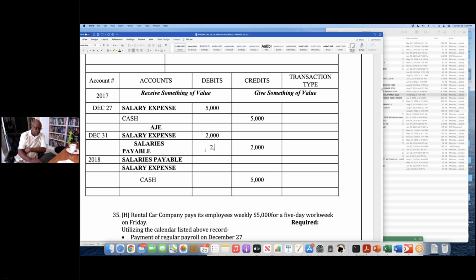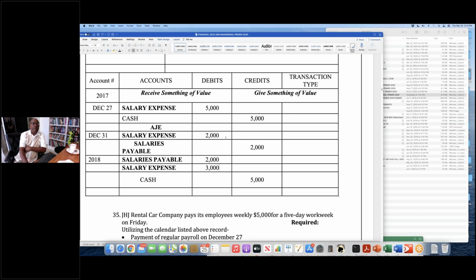So we debit salaries payable for 2,000. And we're going to debit salary expense for 3,000.